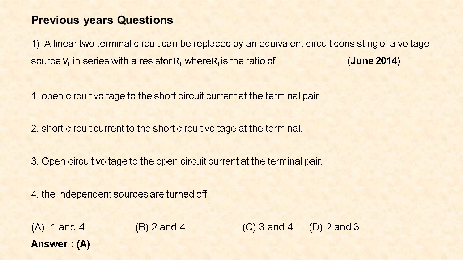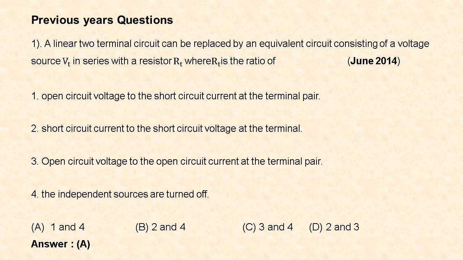Let us see the previous year questions next. First question, a linear two-terminal circuit can be replaced by an equivalent circuit consisting of a voltage source Vt in series with a resistor Rt, where Rt is the ratio of.